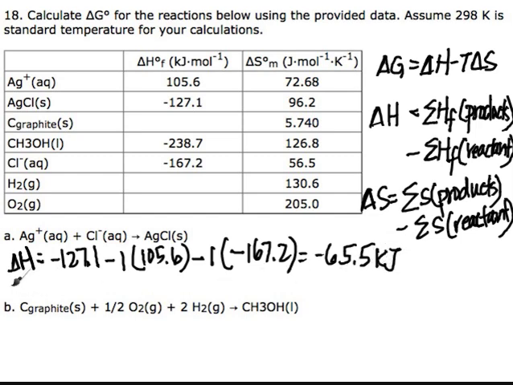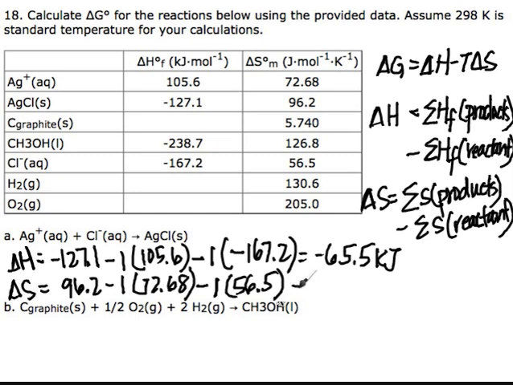Okay, and so delta S is equal to 96.2 minus 1 times 72.68 minus 1 times 56.5, and this will equal minus 33.08 joules.